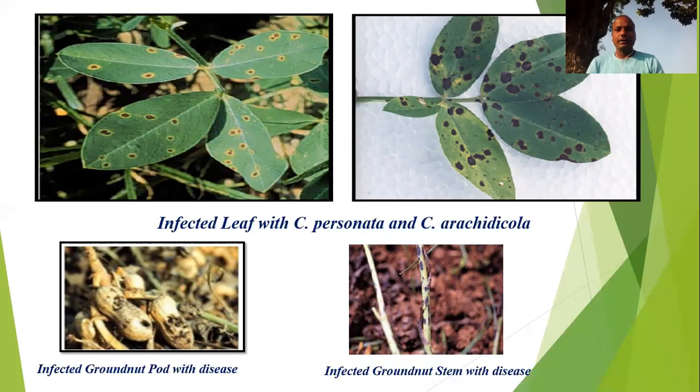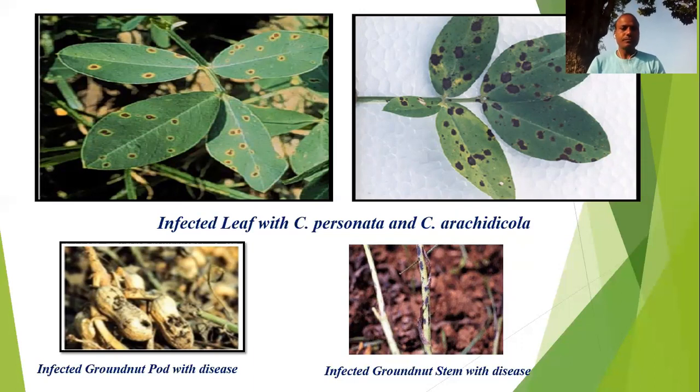Finally, the disease slowly spreads to the stem, and then to the seed or pod also. That is a simple way of describing the symptoms, which are seen on both surfaces after 2 months, on 2-month-old plants. Then the disease actually takes place.